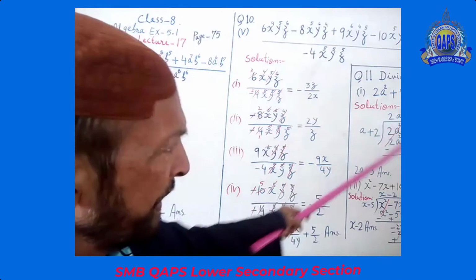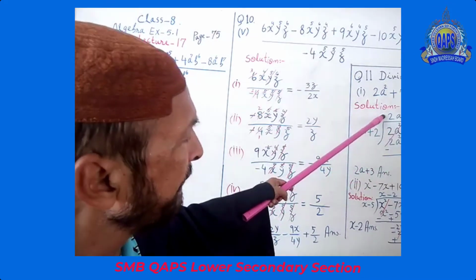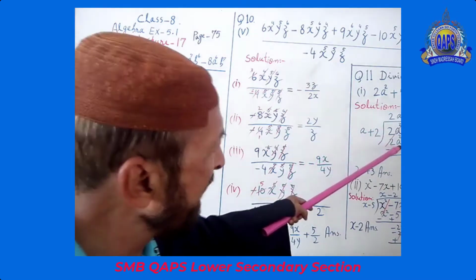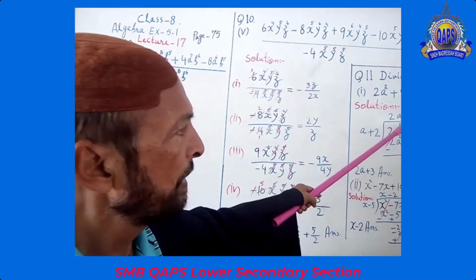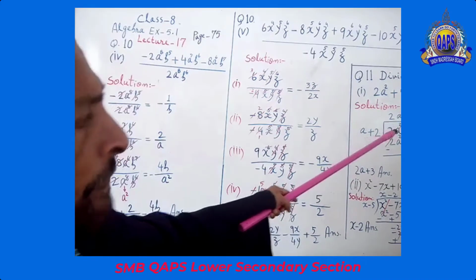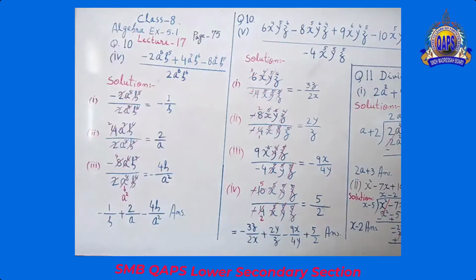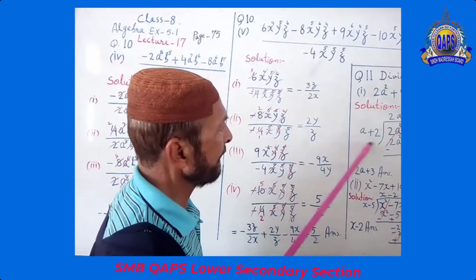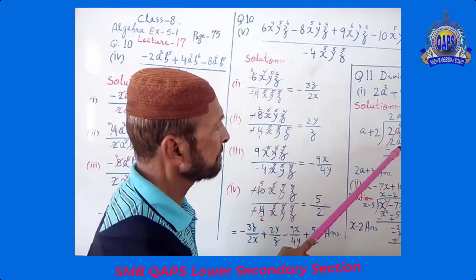This is 2a. First of all, we need 2 over here. So we will multiply 2 by a. It will be 2a. But here is a square, so we need a also. If we will multiply 2a by a, it will be 2a square.